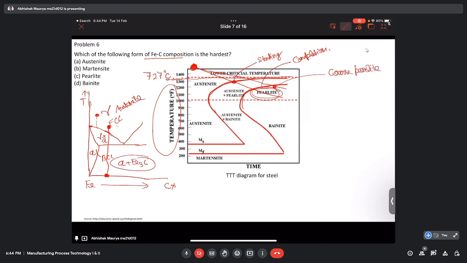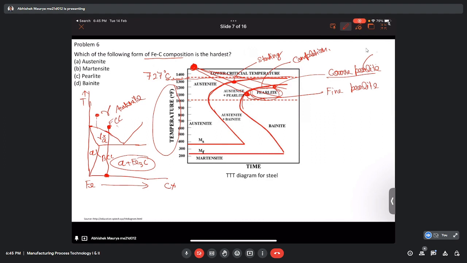And if we increase the cooling rate a little higher, in this range after transformation, we will get fine pearlite. Coarse pearlite has good ductility, but low strength. Fine pearlite has little higher strength as compared to coarse pearlite, but its ductility will be a little smaller than the coarse pearlite.